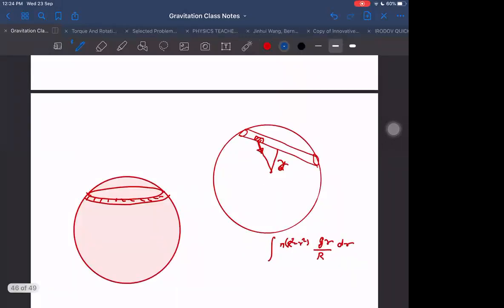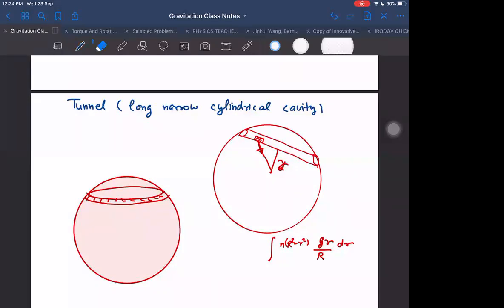We can say the tunnel is nothing but a long narrow cylindrical cavity. It could be cylindrical, by the way, or it may not be cylindrical also. Whatever the shape may be, it is just a tunnel. It could be a tunnel with a cuboidal surface.